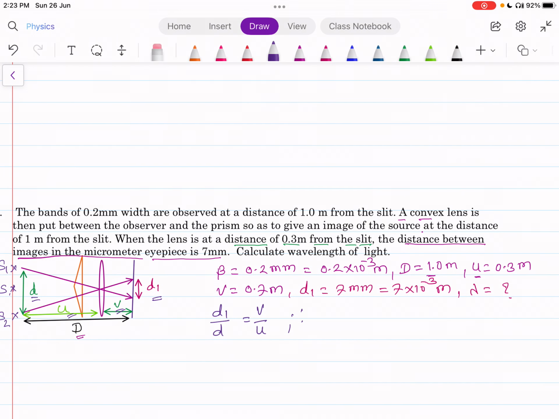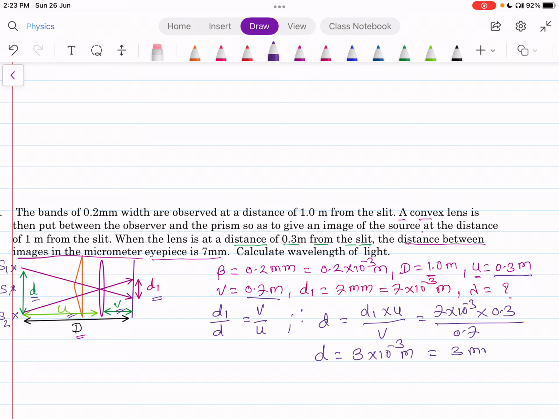Therefore, small d is equal to d1 into u divided by v. d1 is 7 into 10 raised to minus 3 meter, u is 0.3 meter, and v is 0.7 meter. And so the value of d is equal to 3 into 10 raised to minus 3 meter. That is 3 millimeter, the distance between the two virtual sources.